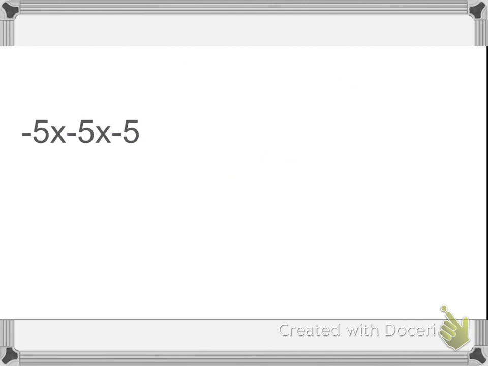And then lastly, we have a negative number here. So this is negative 5 times negative 5 times negative 5. So my base is a negative 5, and I'm multiplying it 1, 2, 3 times. So it's going to be negative 5 to the third power as my exponential form. Now I'm going to go ahead and multiply this out.